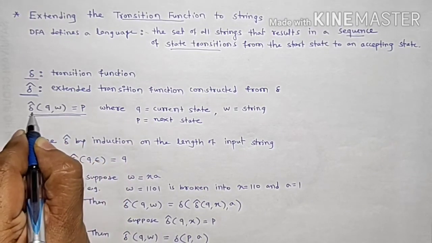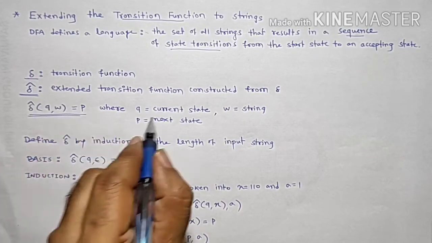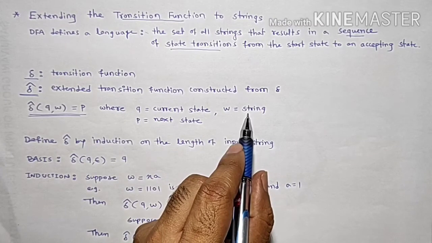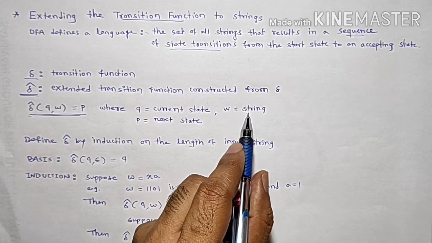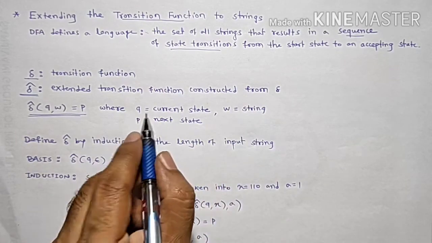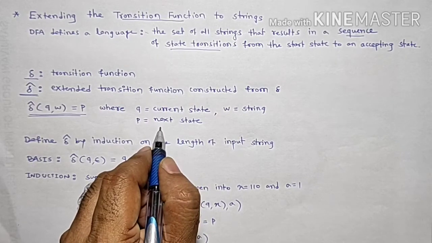So delta cap of q on w is equal to p, where q is the current state, w is some string accepted by the DFA, and p is the final or next state.